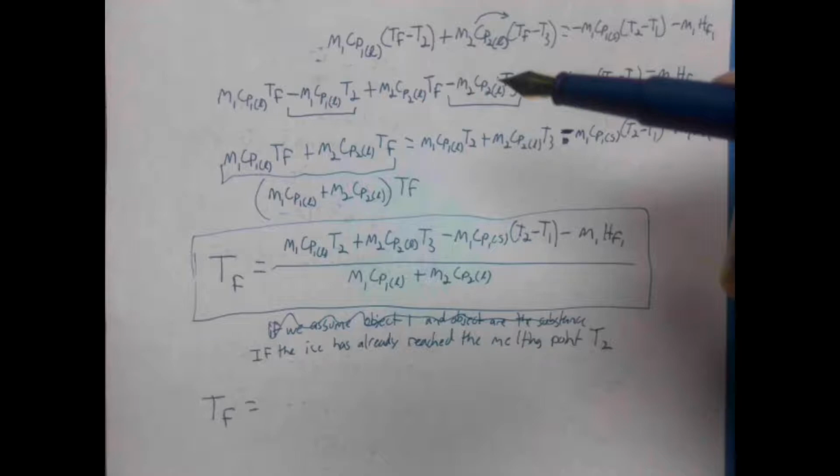So we're basically removing this. So it becomes M1 CP liquid T2 plus M2 CP L T3 minus M1 HF divided by M1 CP liquid plus M2 CP liquid.